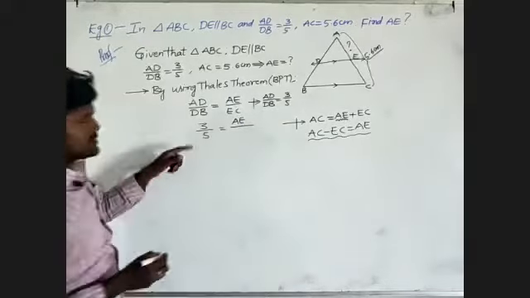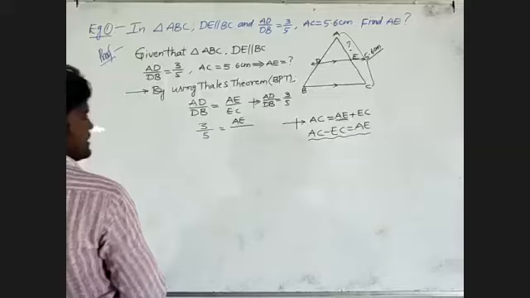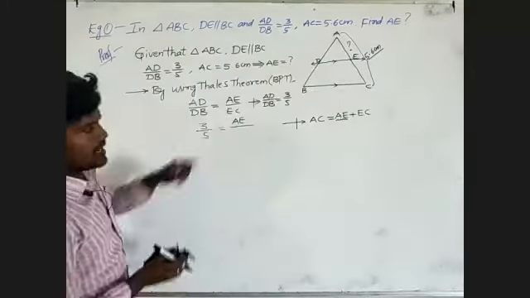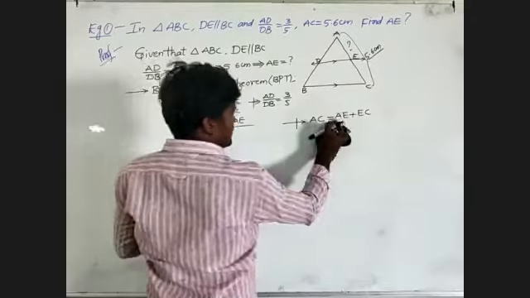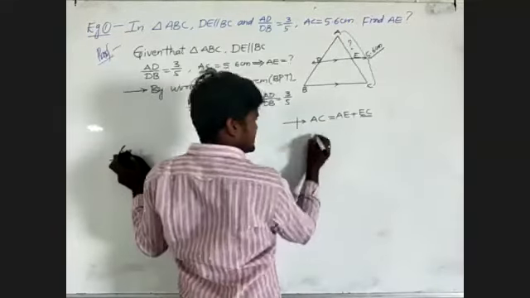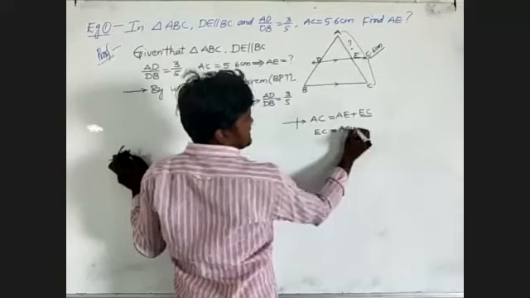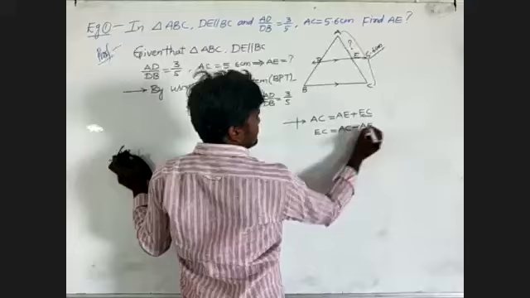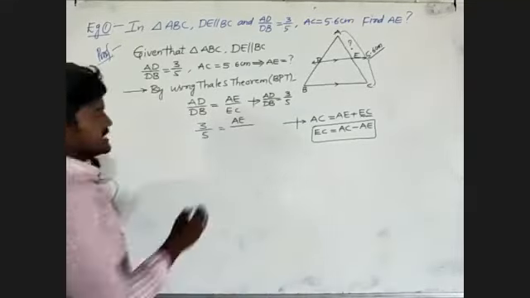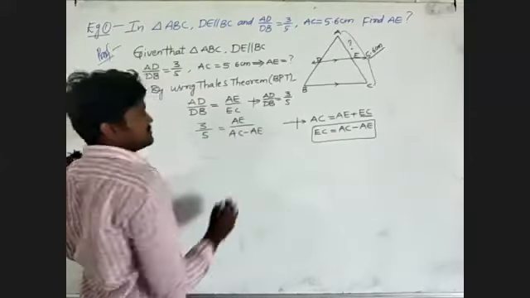Here we have to write the value of EC. The denominator having EC, we have to write where EC is equal to AC minus AE. We have to substitute EC with AC minus AE.